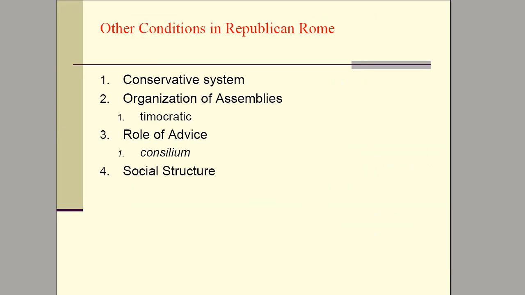In other words, the assemblies that are timocratic, one more than the other, but the way they work out, they tend to be timocratic. The importance of advice, and you can also think about the importance of advice in line with the social structure, and also the conservatism of Rome. So in class, we will talk about what Polybius says about the Roman Republic and how we might modify what Polybius says given the nature of society and government in Rome. I look forward to talking with you in class.